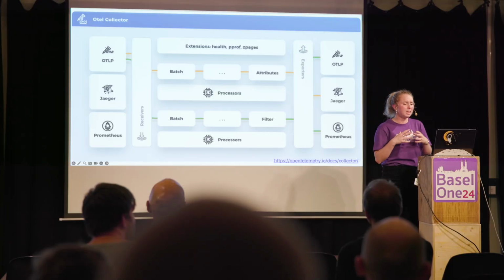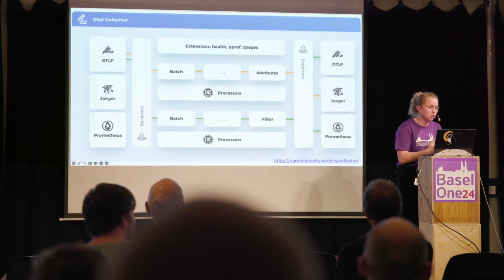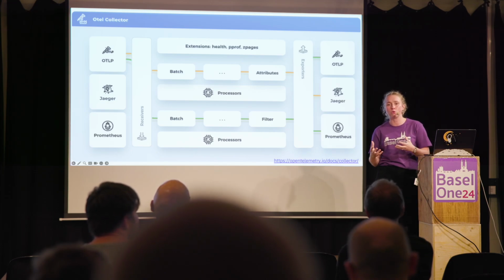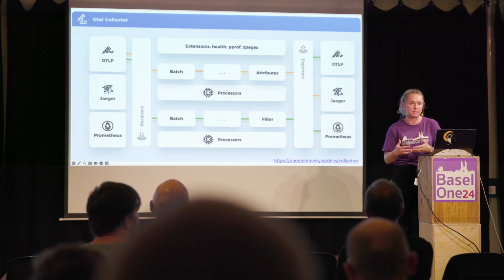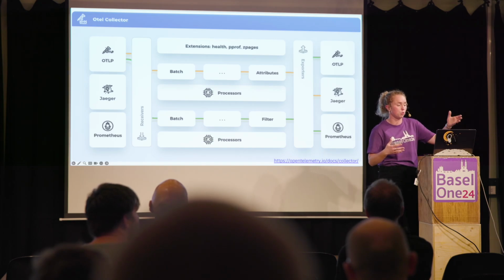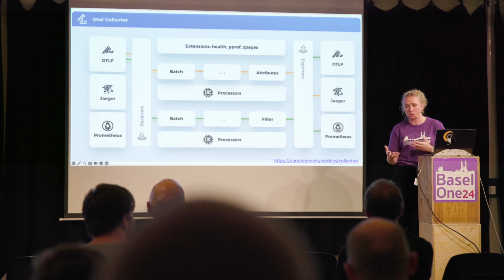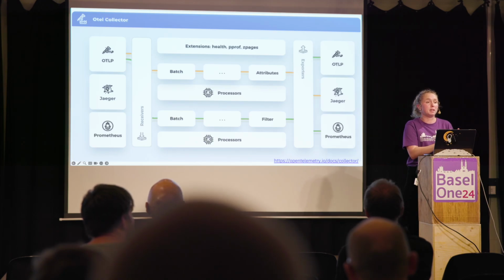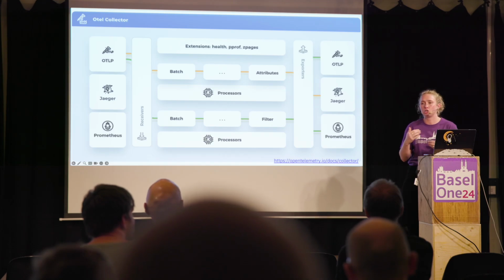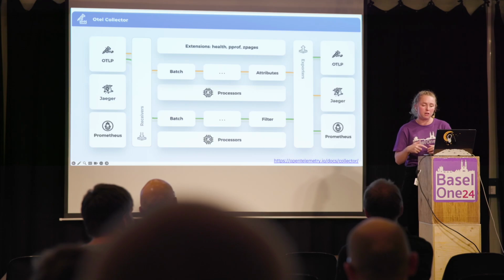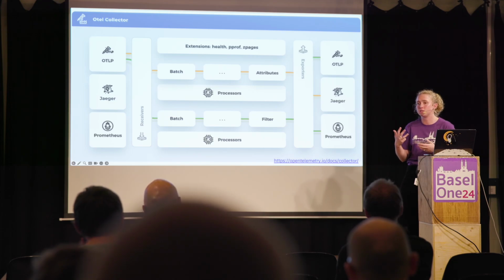However, if you have a production system that you want to use this in or a bigger application, in general, we would recommend using a collector and not just sending it straight from the source to the backend. That's because it allows your service to offload data quickly. It also allows the collector to take responsibility for handling additional things like retries, for example, encryption if you need it, batching, or even things like sensitive data filtering.